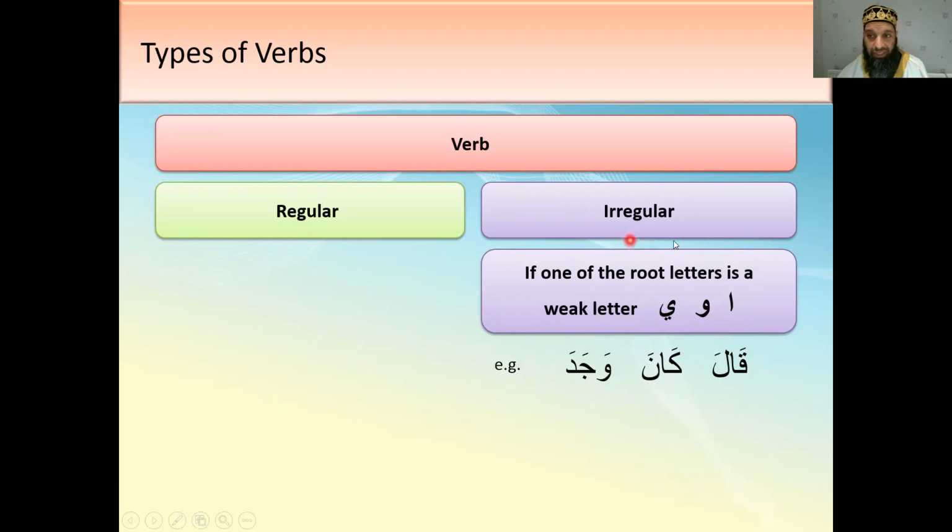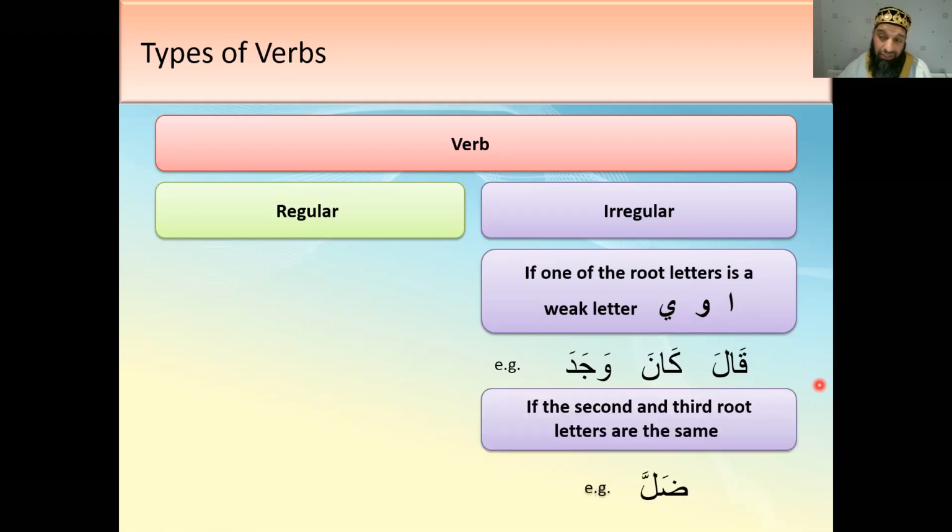So that's one way to tell that a verb is weak: one of the root letters is an alif, waw, or ya. Happy with that? Okay, good.